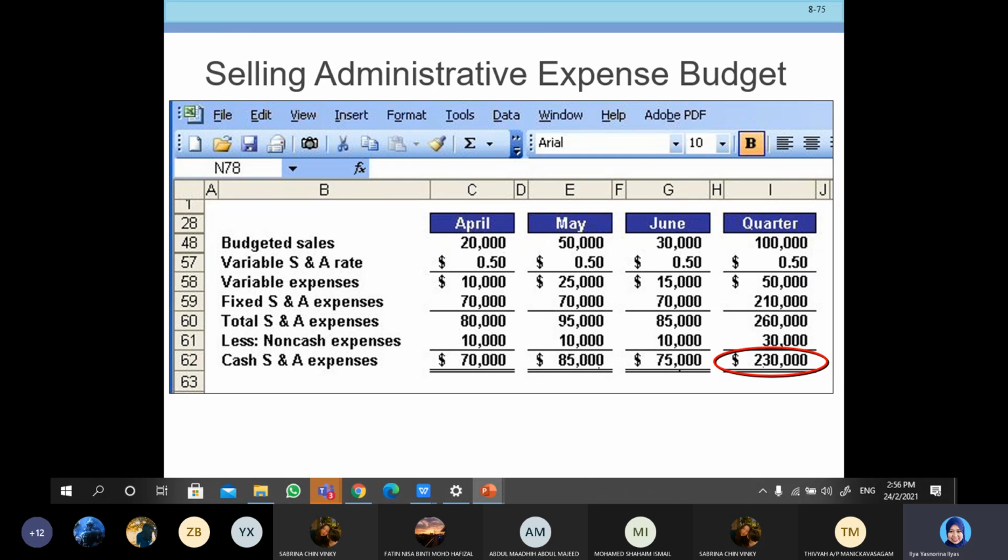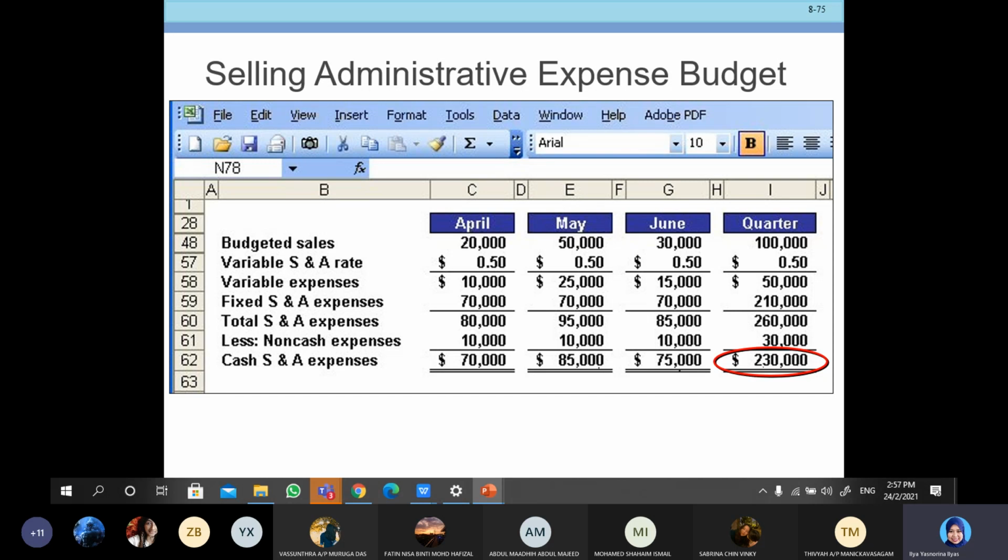Is it enough resources to start our production for that quarter? So that's why we need the master budget, because we want to identify whether we have enough resources.